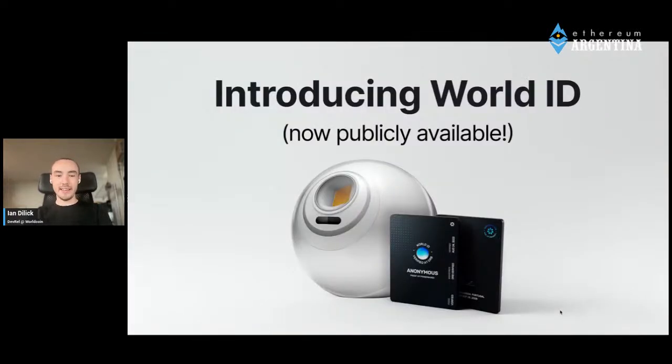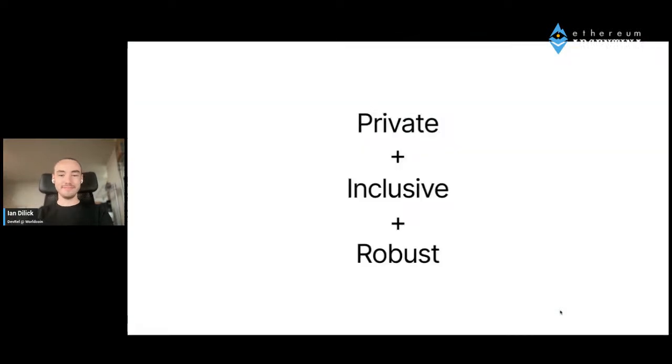This is what World ID helps solve. And World ID recently became publicly available. It's still in beta, but there's no longer a waitlist required. World ID is built to be private, inclusive, and robust. For private, we want to know as little about who you are as possible. We never ask your name, we never ask your email, anything like that.